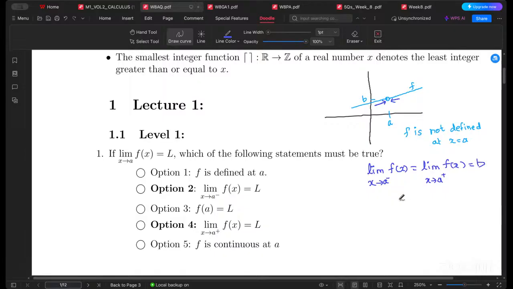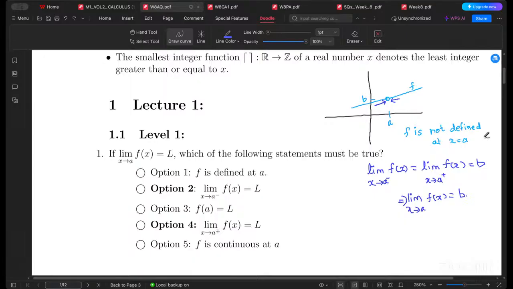So this means that limit as x goes to a of f of x is b. Is this correct from the given graph? Yes. So this limit exists, left hand limit and right hand limit are equal, but f is not defined at a. Is that fine?